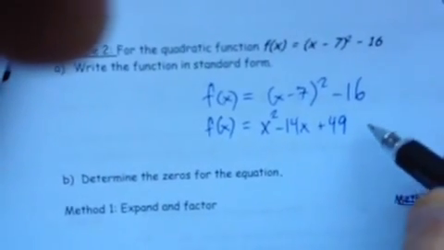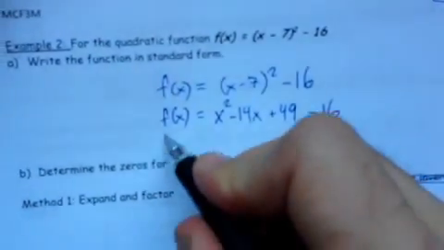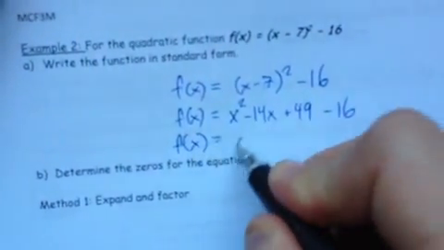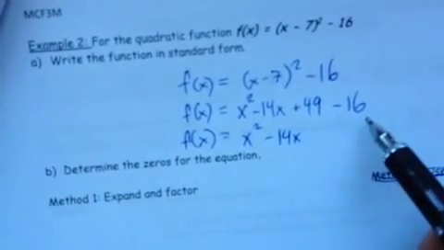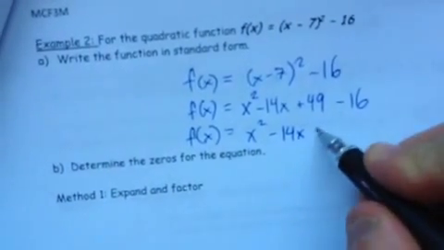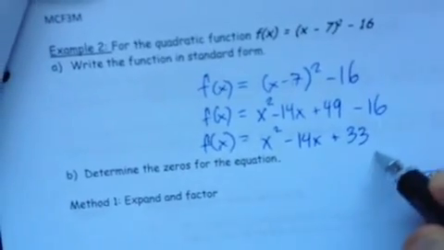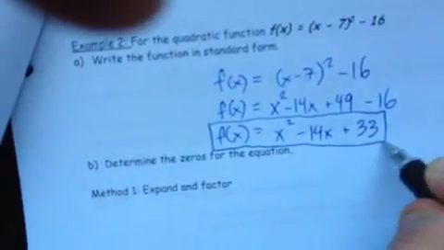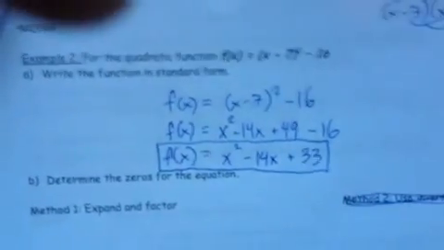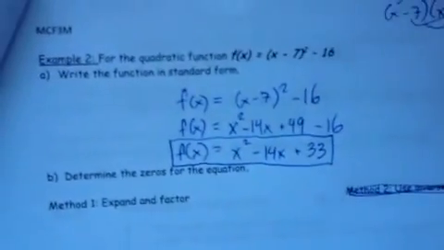And you still have the negative 16 beside there. Okay, so you have f of x is equal to x squared minus 14x, and then you have 49 minus 16, which is positive 33. So this is the function in standard form after you expand it.